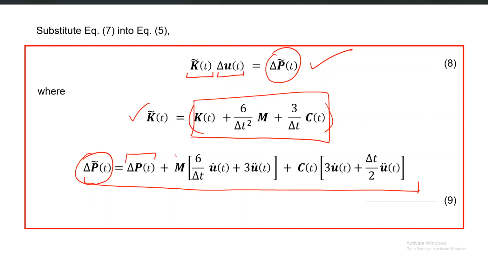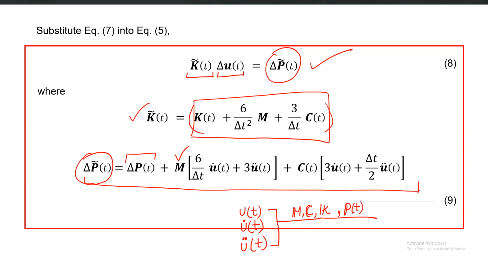The mass matrix is given. At any time instant t, the acceleration, velocity and displacement are given. So u of t, u dot of t and u double dot of t are given. We will use these values along with the original mass matrix, the original damping matrix, the original K matrix and the original P vector.